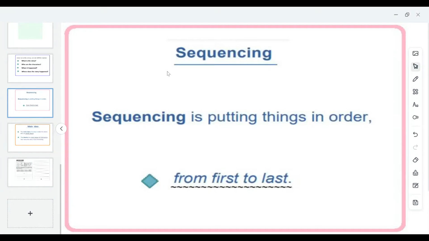All the little details, you put them into order from the first to the last. Okay? Try to put all three together.